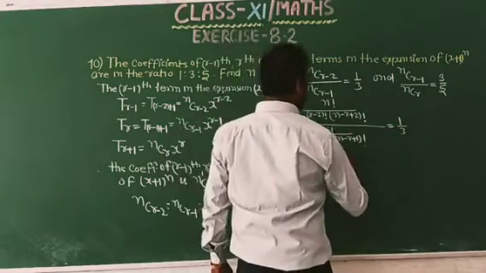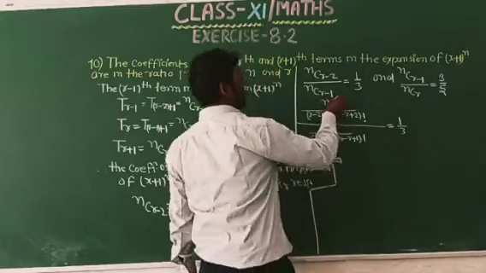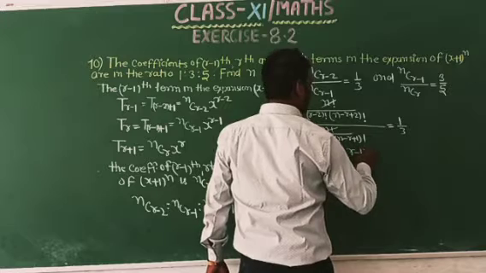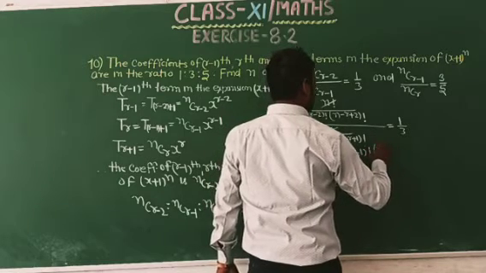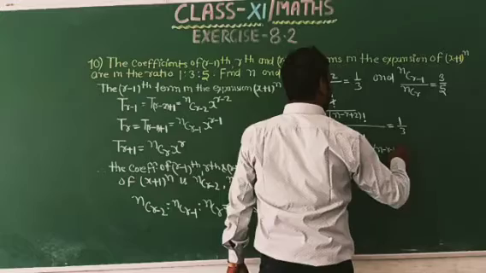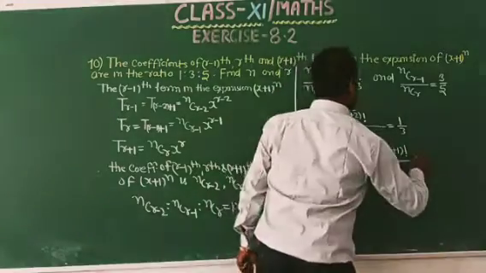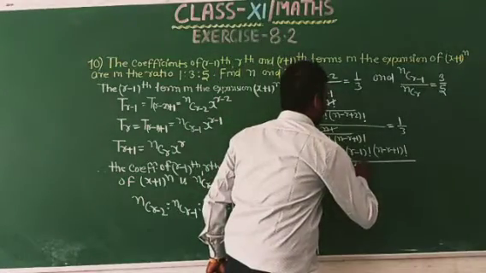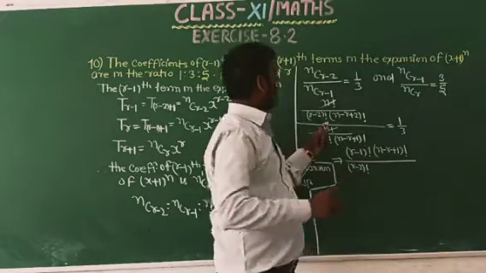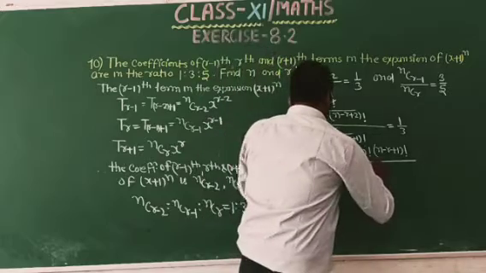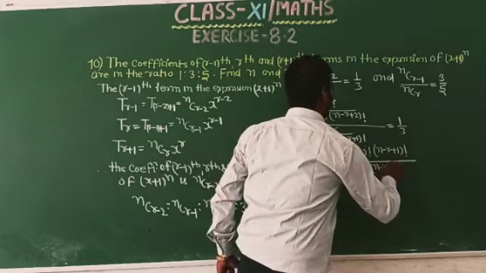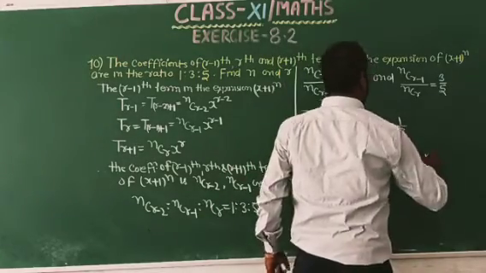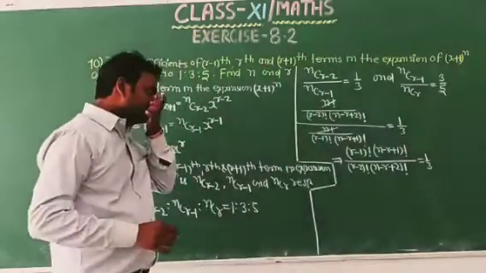Now simplify this. Here factorial n cancels out, and we have (r minus 1) factorial upon (n minus r plus 1) factorial, divided by (r minus 2) factorial upon (n minus r plus 2) factorial, which is equal to 1 by 3.